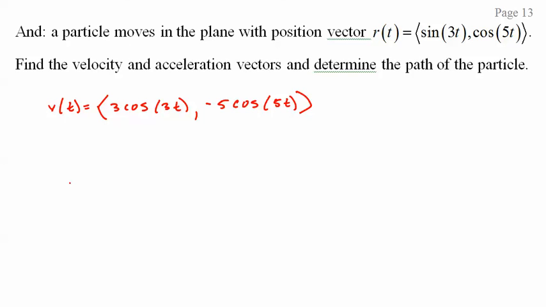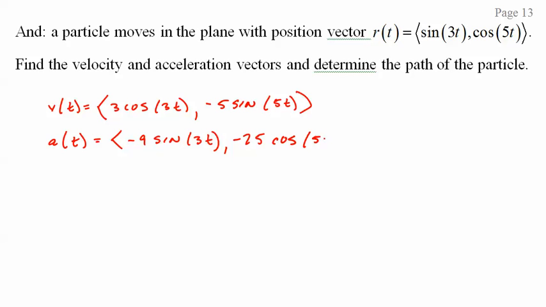And the acceleration equals negative 9 sine of 3t, comma, negative 25 sine, cosine, my bad. Oh, I forgot to change this one. Goodness gracious, I do that a lot. Negative 25 cosine of 5t.